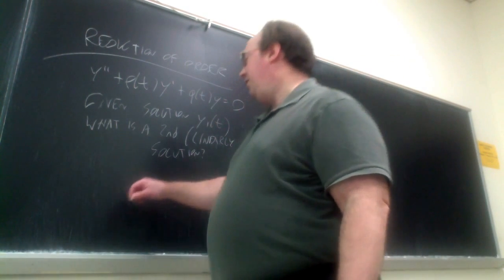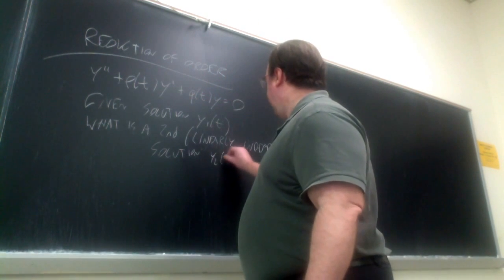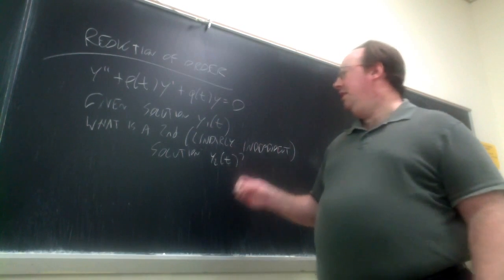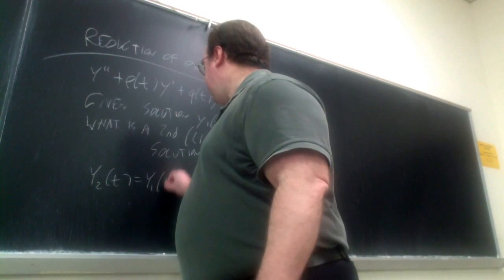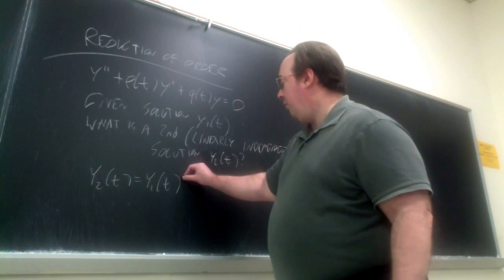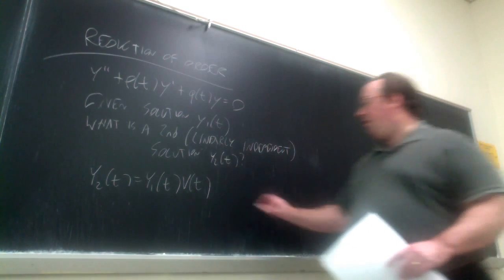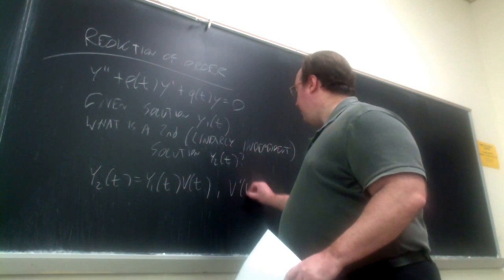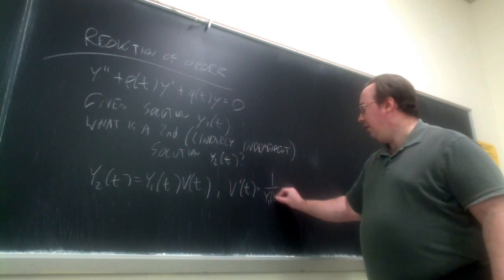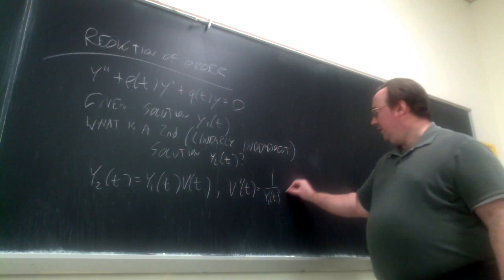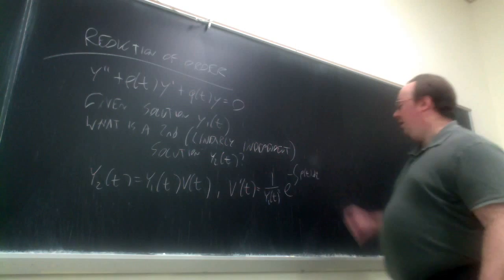So what I arrived at last time, just to summarize, is that we call the second solution y2 of t. We have a formula for it now. So y2 of t is equal to your first solution, y1, times some function v of t, where v prime of t is equal to 1 over y1 squared times e to the minus integral of p of t.